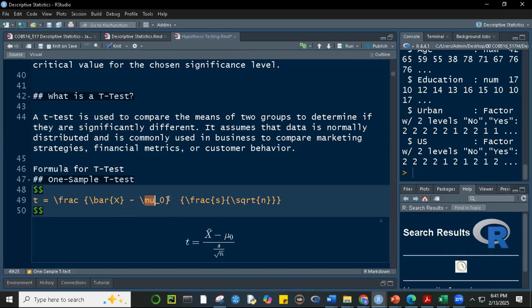Okay, and then divided by the other side, you also have another fraction inside. So you have a frac within a frac. So fraction, okay, s, and then the other part is square root of n. So that's how you write this in.